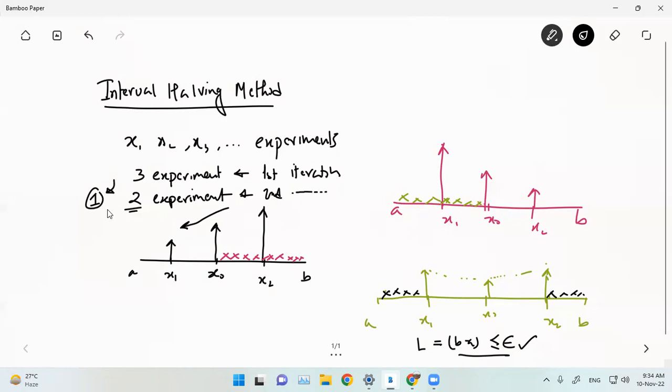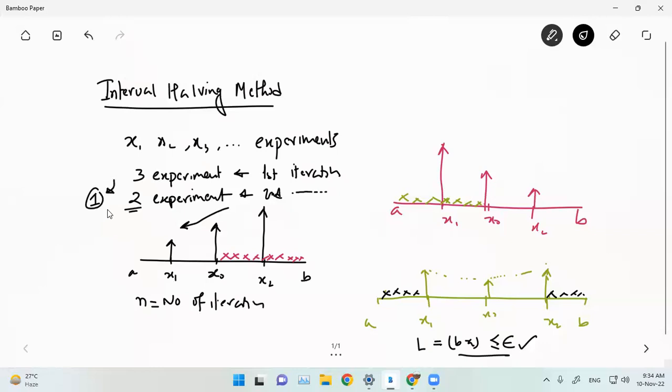In the previous case, that is the dichotomous method, we tried to derive the formula using n as the number of iterations.